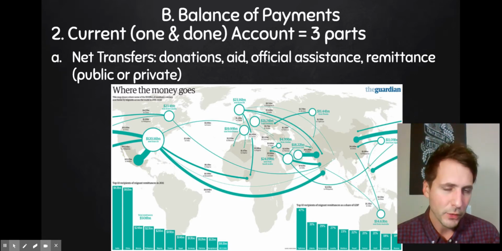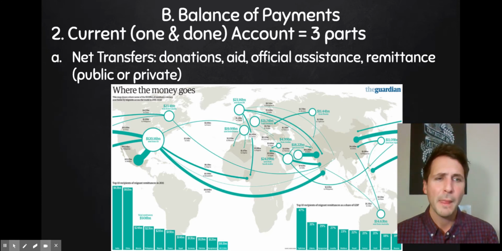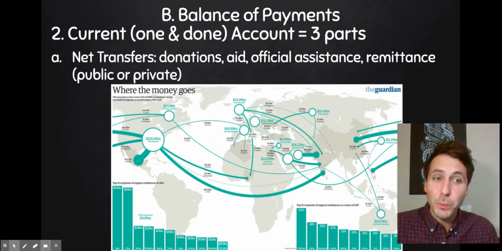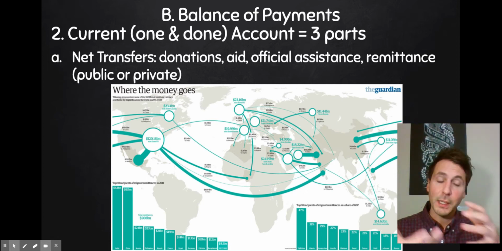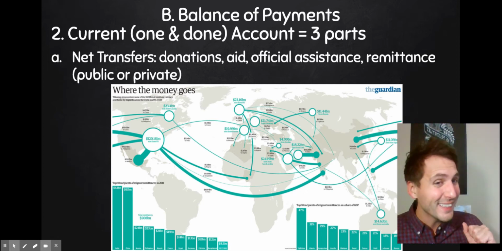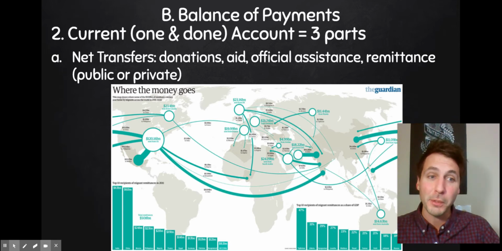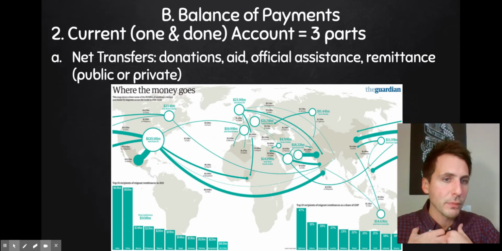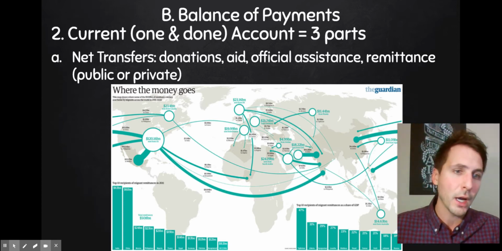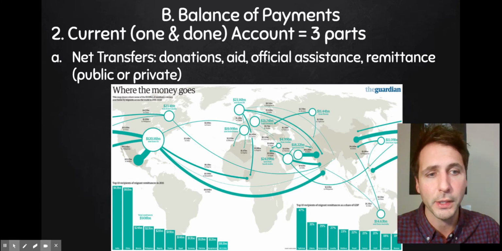And then net transfer, those are those donations, aid, official assistance, remittance. What's remittance? This is a key word here. Remittance is when people work, for example, in the United States, and then they send money home to take care of their families, right? We call that remittance payments. So we see this with our labor market, mainly our unskilled labor market in the United States.